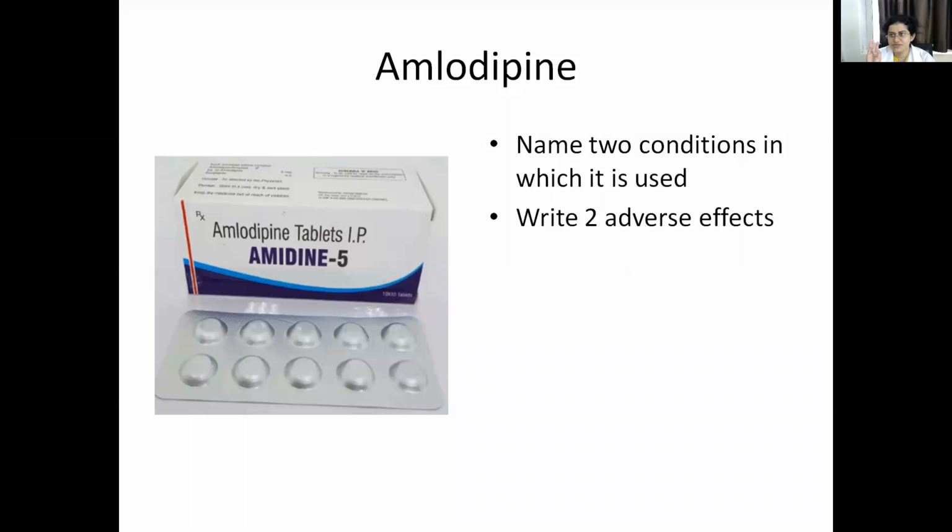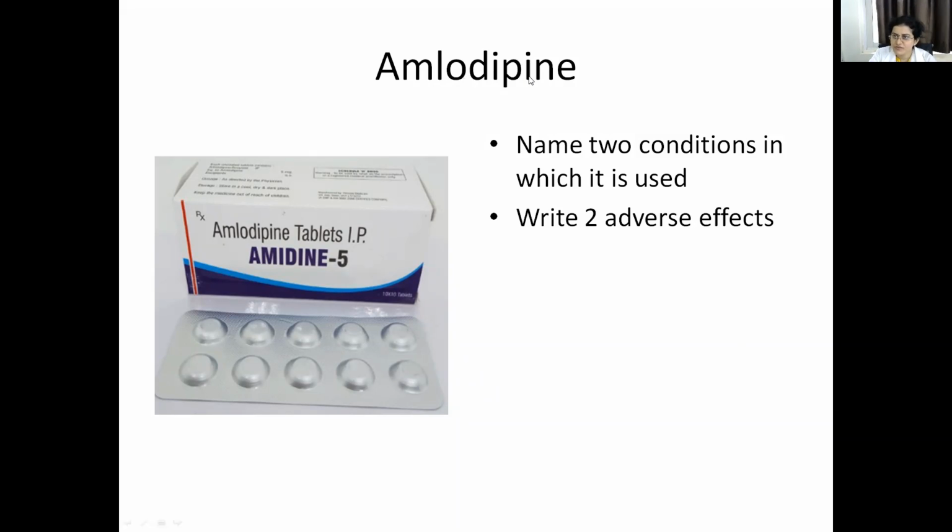There are three types: stable, unstable, and variant angina. Variant angina is otherwise called Prinzmetal angina or vasospastic angina. So what happens in vasospastic angina? Why is it contraindicated? Because in vasospastic angina the coronary vessels are already in vasospasm, in a constricted state.